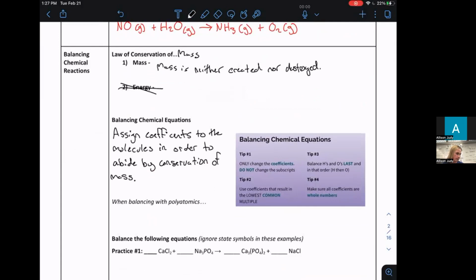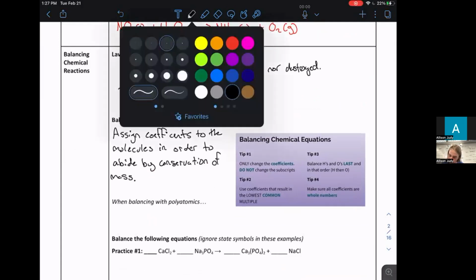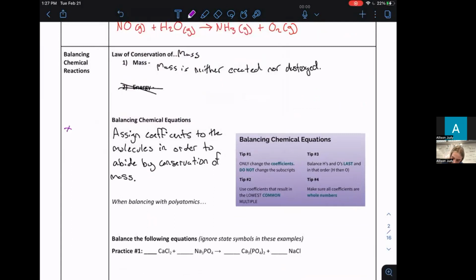So we will fill that in. Basically we're figuring out how many of each molecule we need to react or produce.